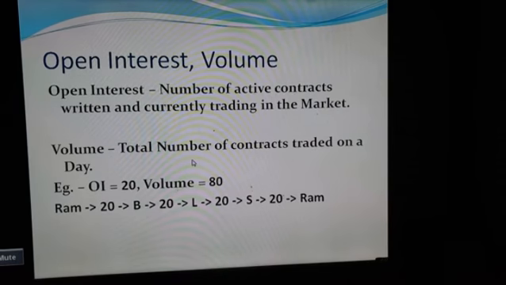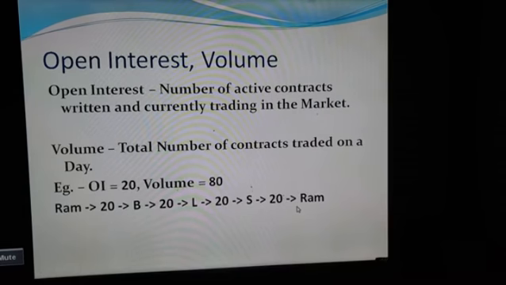Ram sold 20 contracts to Bharat, who sold 20 contracts to Lakshman, who sold 20 contracts to Shatrughan, and the price of that option fell. So Ram bought those 20 contracts back from Shatrughan. On the same day all these things happened, so the same 20 contracts were traded again and again. So now the volume is 80.